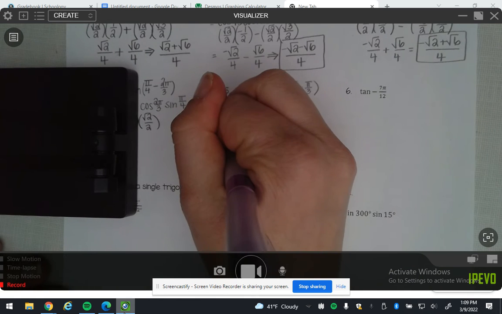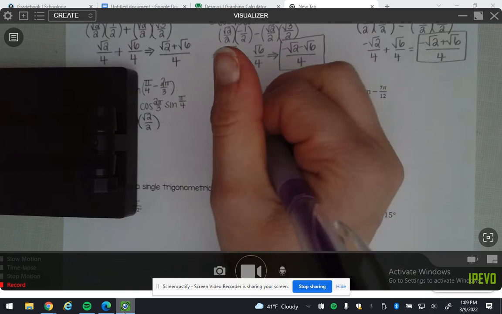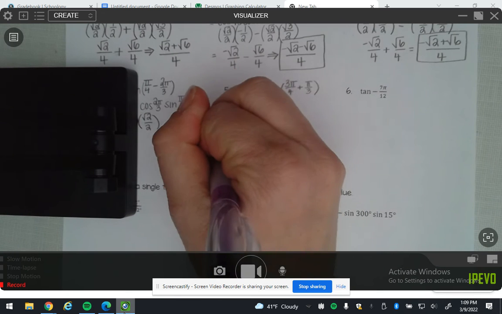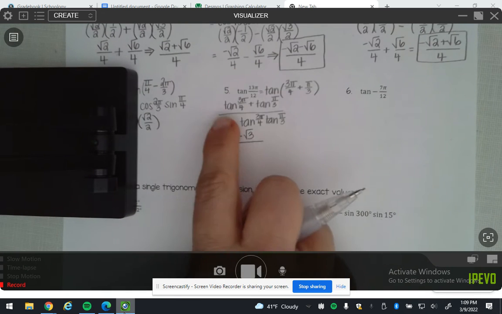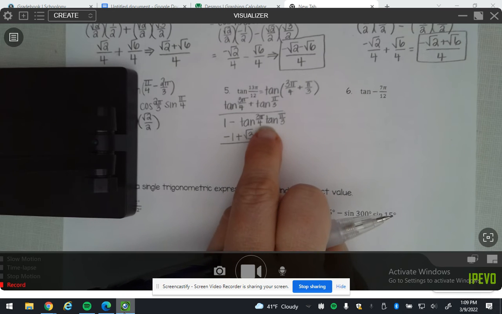So I have negative 1 plus tangent of pi over 3. It's right on your chart. Radical 3. Over. Now, notice these two values on the top are exactly the same as the bottom. So do I have to do any work on the bottom?